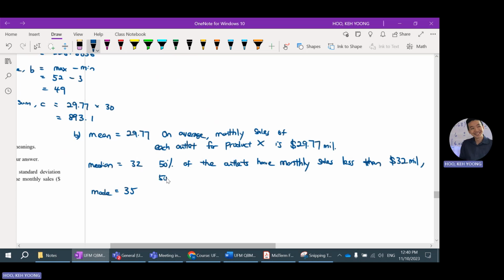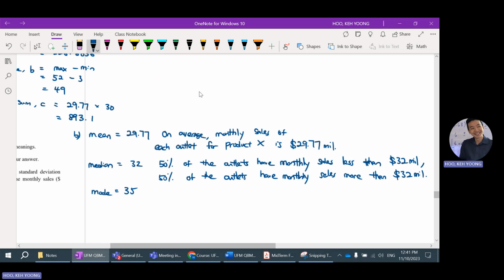And half of the outlets have monthly sales more than the median. Because the median value is located right in the middle. So 50% of your data is more than the median, 50% less than the median.